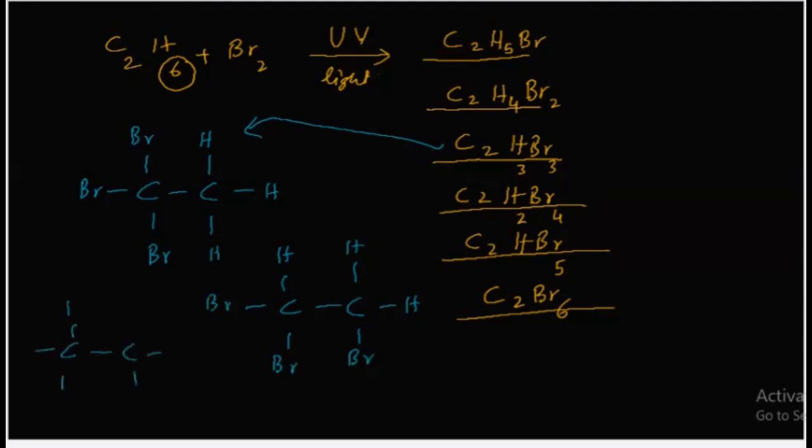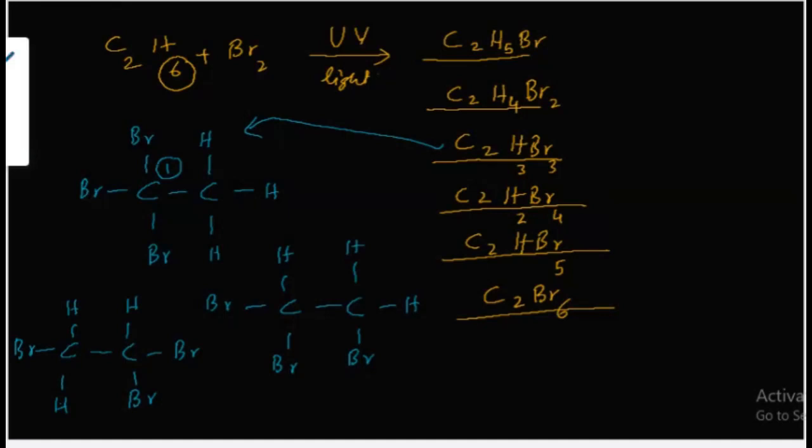Or if you put two hydrogen, then bromine, bromine, then bromine, and then hydrogen. Now look at this organic compound. You have 3 bromine atoms, but all the 3 bromine atoms are on the first carbon because you have a chain of just 2 carbons.